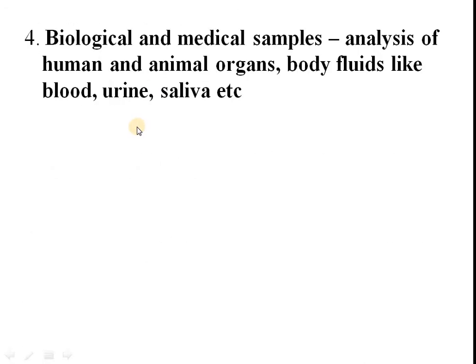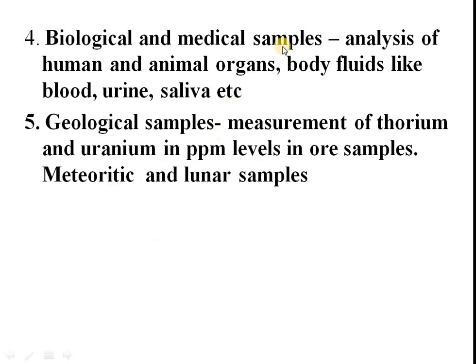Okay, so biological samples, medical samples, because the presence of many elements, even in trace levels, is very crucial for the human body. Such elements are present in the human body. Some are harmful, some are useful. So such things can be identified. And geological samples, measurement of thorium and uranium levels in ore samples.